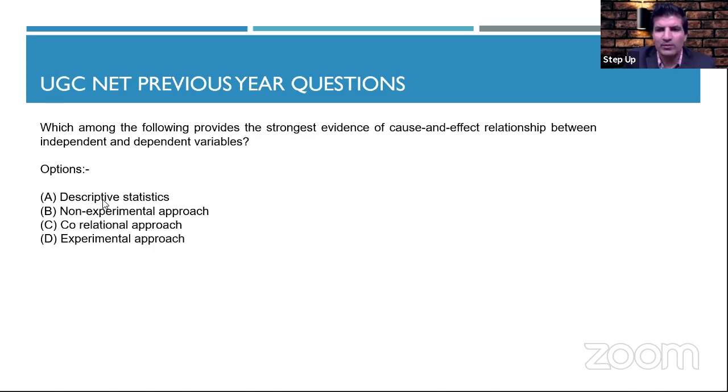Let's say you want to know the economic situation in a particular country, or the housing scene in Bangalore. The what of a question, okay? Correlation asks whether A is correlated to B. And after correlation comes causality. But here the question is about causality, cause and effect relationship between independent and dependent variables. So it is certainly your experimental approach, okay? All right, so we'll move ahead.